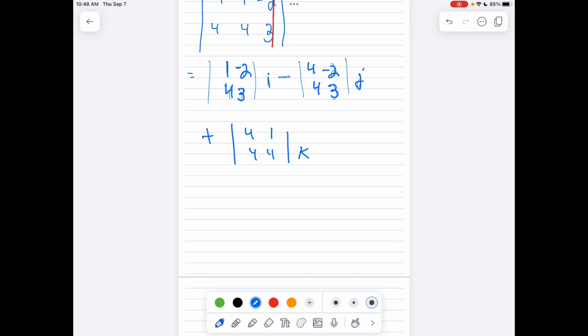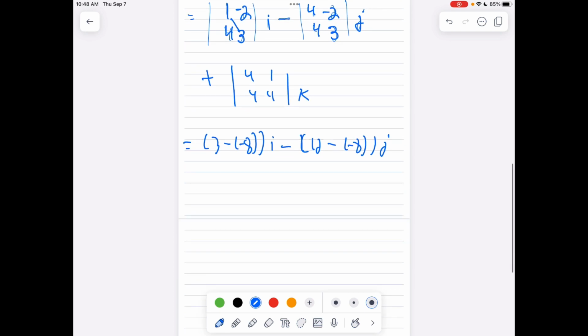Now we're going to take these 2 by 2 determinants. The way that works is you say 3 times 1, 3, minus 4 times negative 2, which is negative 8, and put an i next to it. Minus, for the j component, it's 3 times 4, 12, minus 4 times negative 2, that's negative 8.